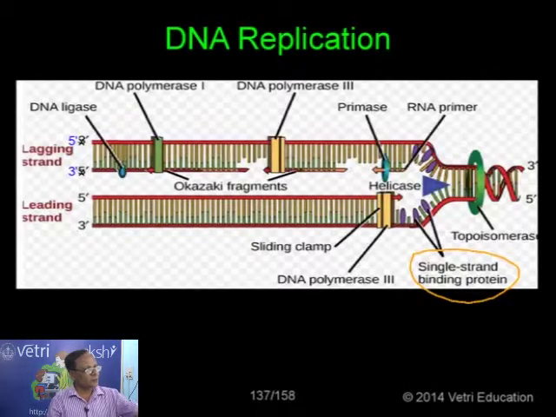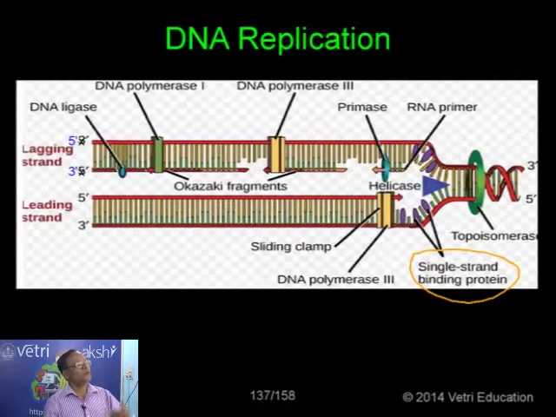That means it maintains the single strand nature of the DNA after the two strands have been unwound with the help of the helicase enzyme, not allowing the two strands to re-anneal. That is nothing but reunion, forming once again the double strand.